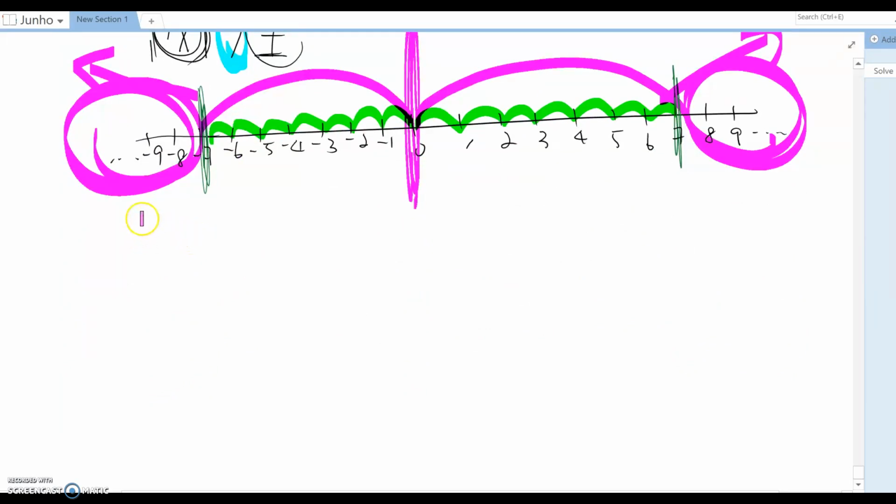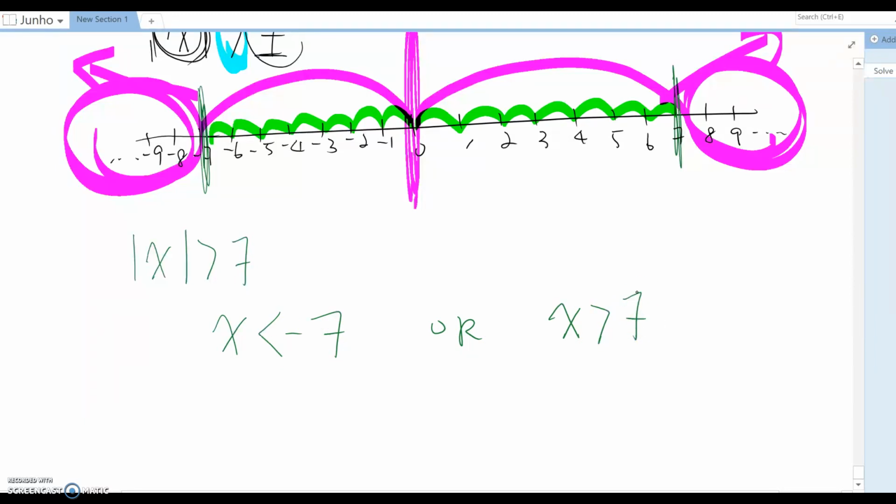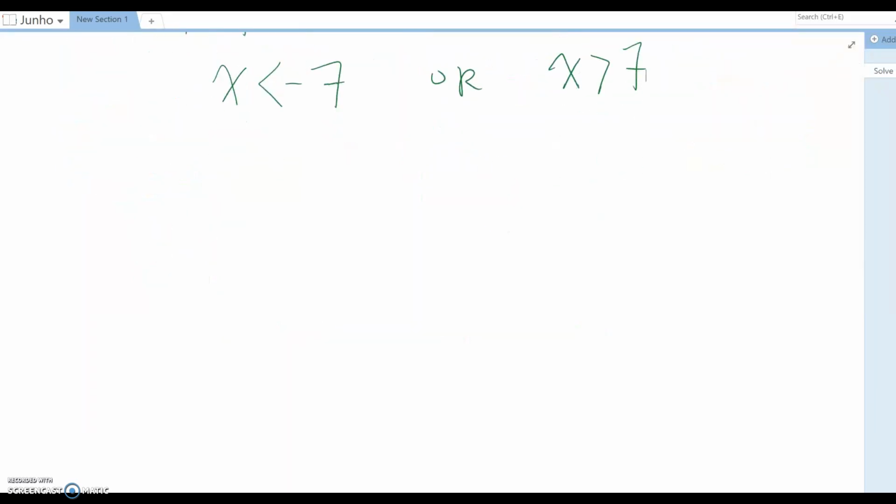So if x is bigger than 7 units, then this becomes x is less than negative 7, or x is bigger than 7 basically. Otherwise, we cannot guarantee that particular x value is more than 7 units. So generalization.